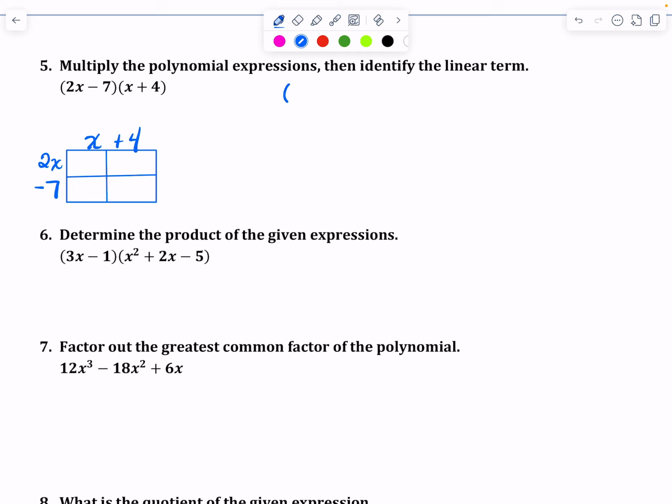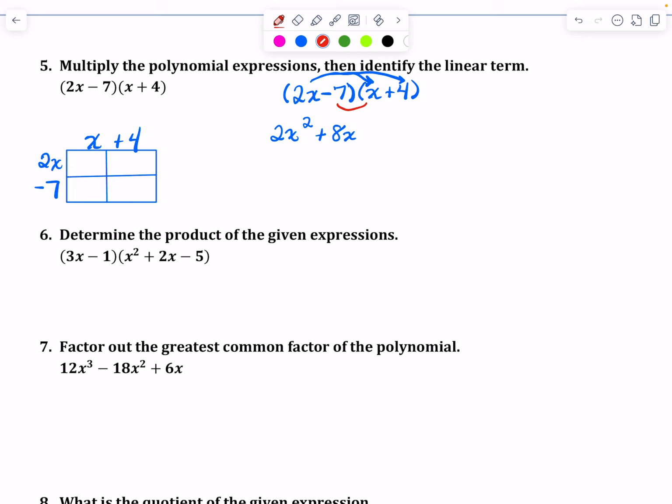Now, let's go ahead and look at what distribution is then. If I have 2x minus 7, and I have x plus 4. So you're going to take 2x times x. That gives me 2x squared. Then you'll also do 2x times 4. That'll give me positive 8x.